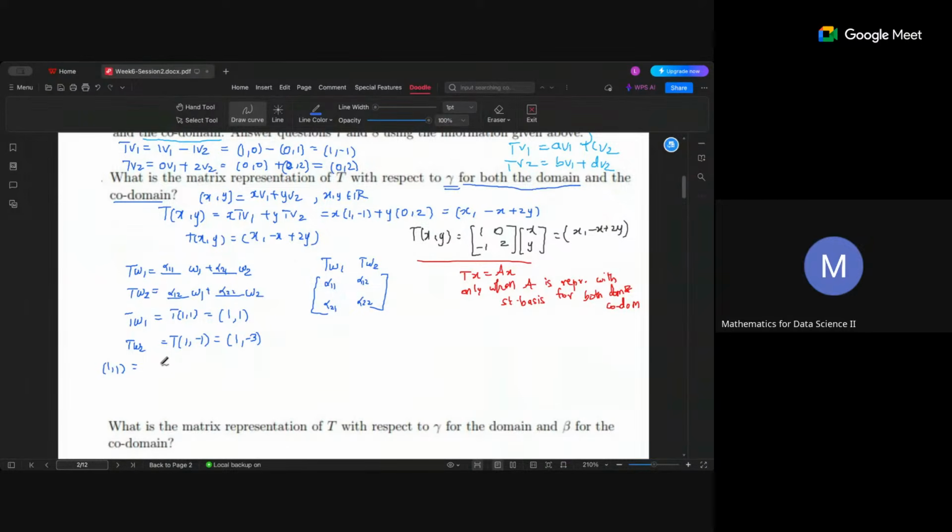So (1, 1) is alpha 1,1 times W1 plus alpha 2,1 times W2, where W1 is (1, 1) and W2 is (1, -1).